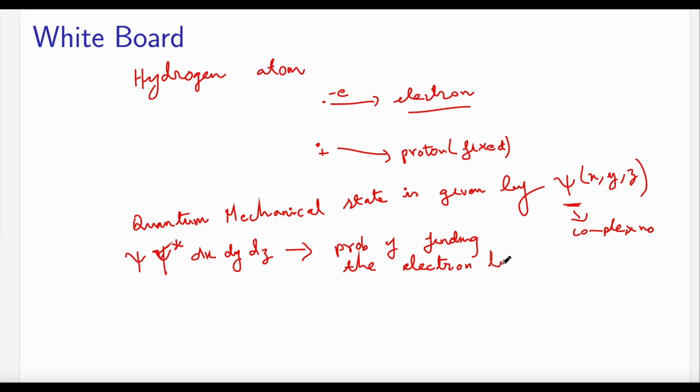This is the probability of finding the electron between x and x plus dx, where dx is a very small quantity, maybe tending to 0, then y and y plus dy, and z and z plus dz.